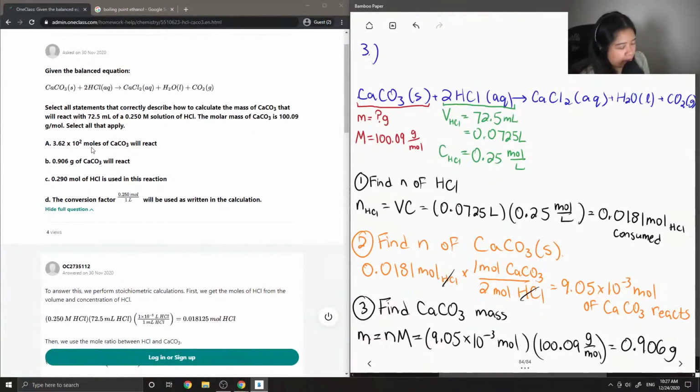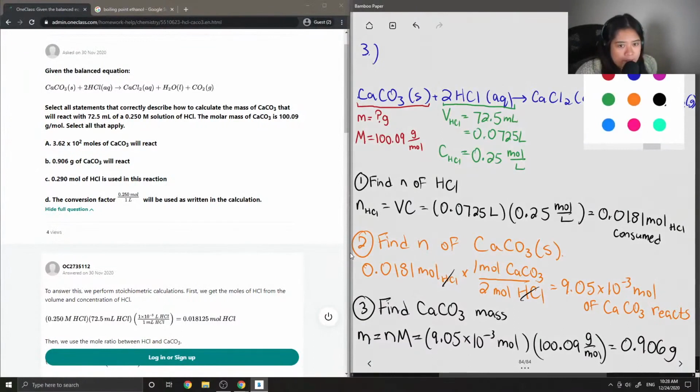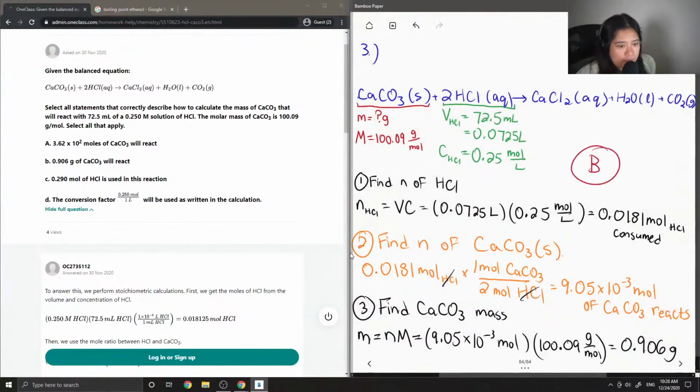So if we look at the options that they gave us in the question, A, 3.62 times 10 to the 2 moles reacts, so we know that that is not true. B, 0.906 grams of calcium carbonate will react. So we know that this option B is correct. I'm just going to put B in a circle, but let's look at the other options. C, 0.29 moles of HCl is used in this reaction.